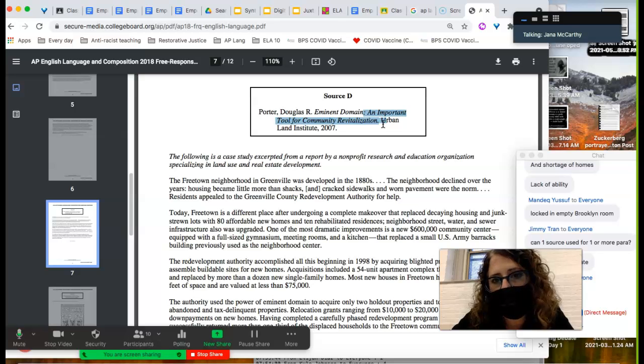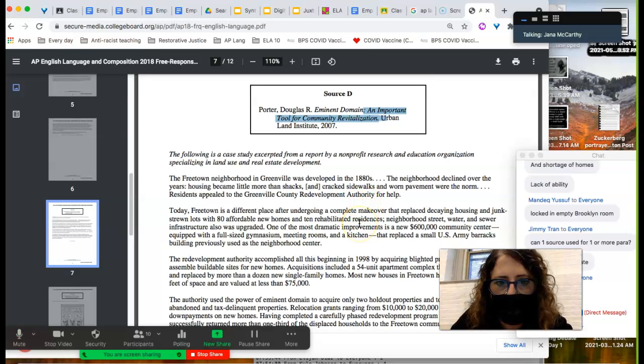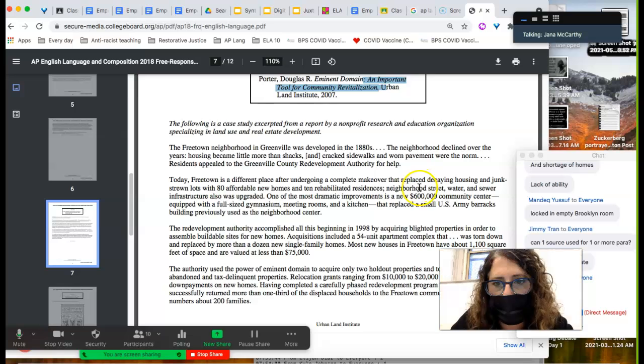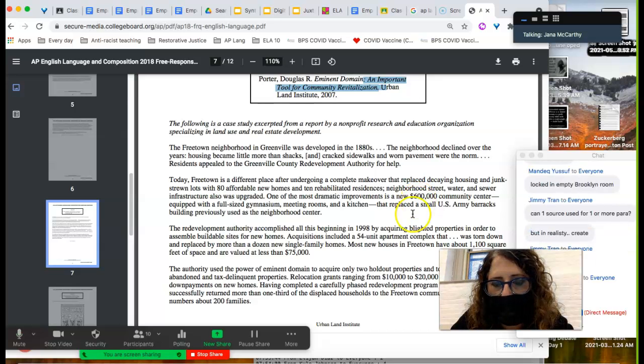I don't know yet. Let's say I'm confused. Then let's skim. This neighborhood was developed. It declined over the years. Okay, they looked to the government for help, and now it's a different place because the government replaced decaying housing and junk lots. It is against me.